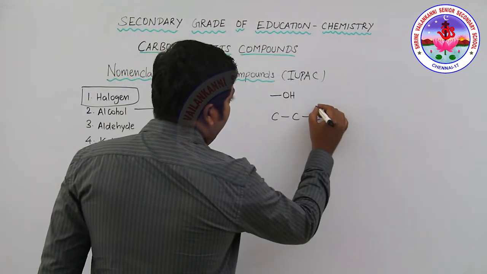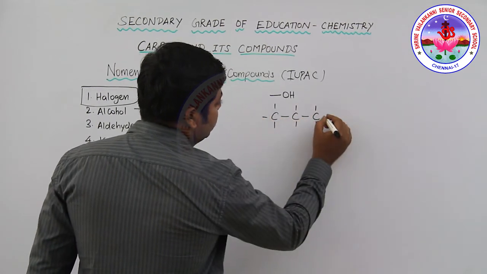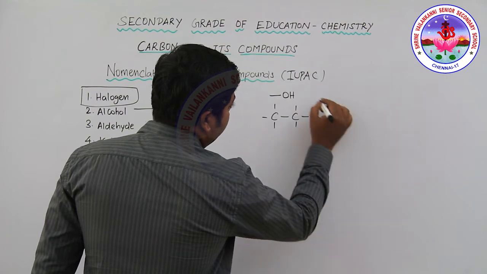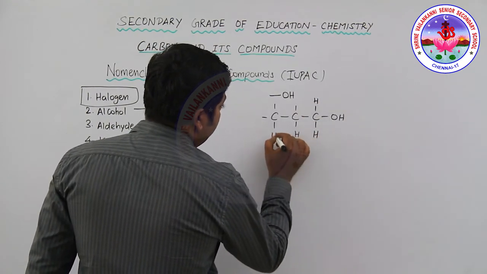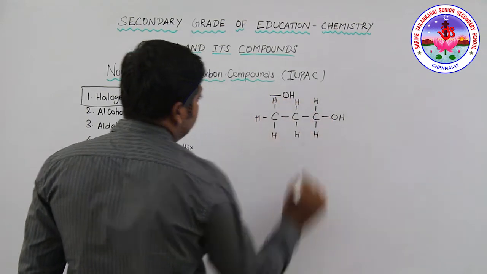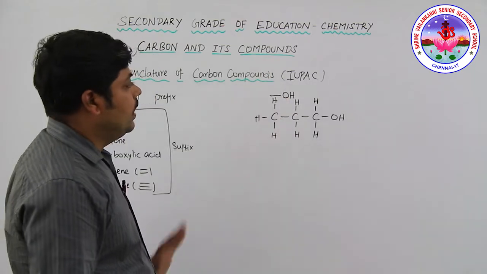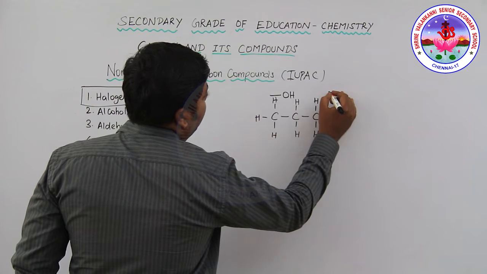Remove a hydrogen and add the appropriate functional group; here alcohol is present, so you write OH instead of the hydrogen. Now what is the name of the compound? Since alcohol is present, you have to end with OL.